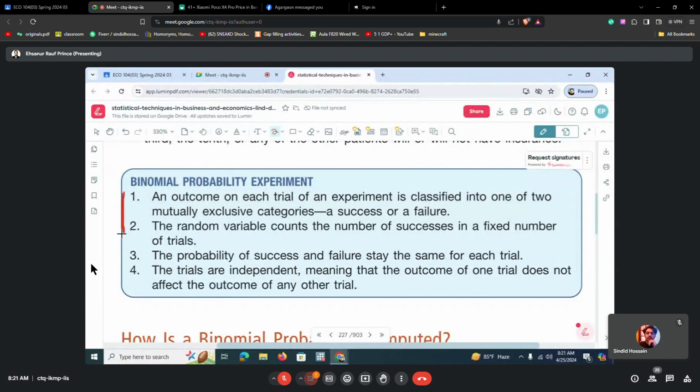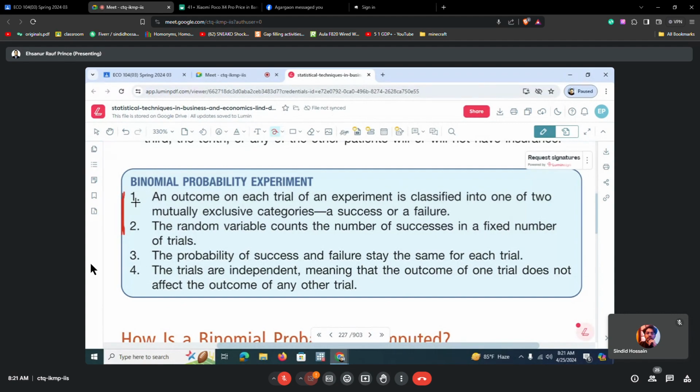I'm repeating, of course, there are 4 characteristics or features of a binomial probability experiment, but the first 2 are extremely important because they will help us to distinguish the binomial probability experiment from the other probability distributions, right?